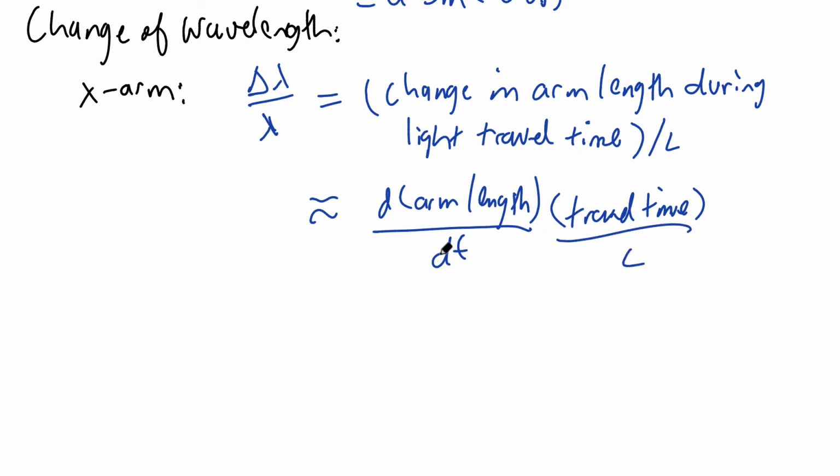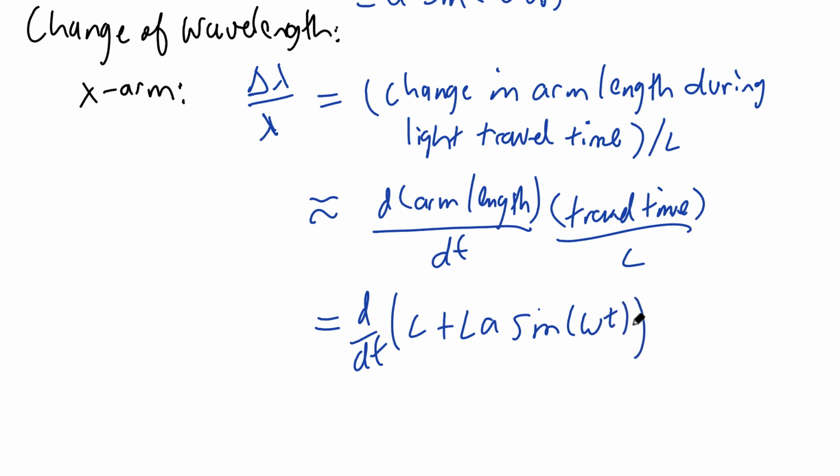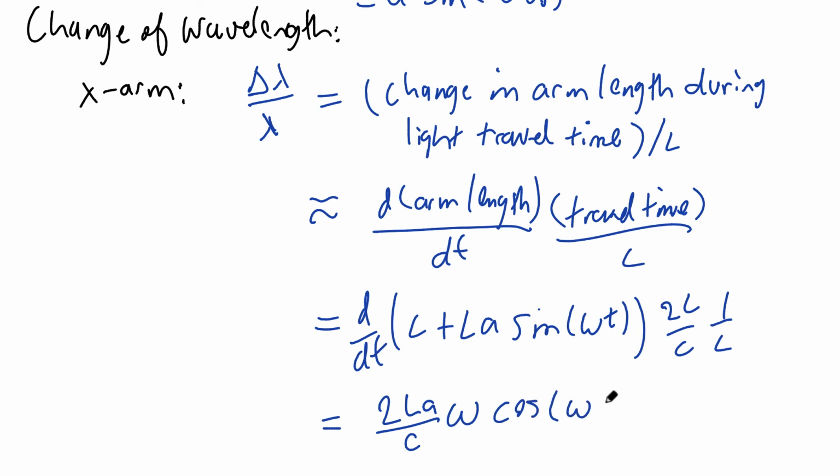divided by L. Now remember, the arm length is L plus L times A times sine of omega t in the z equals 0 plane. And the light travel time is 2L over c, and then we divide that by L. So of course these L's cancel, and then taking the derivative, what we're left with is 2LA divided by c times omega times the cosine of omega t.